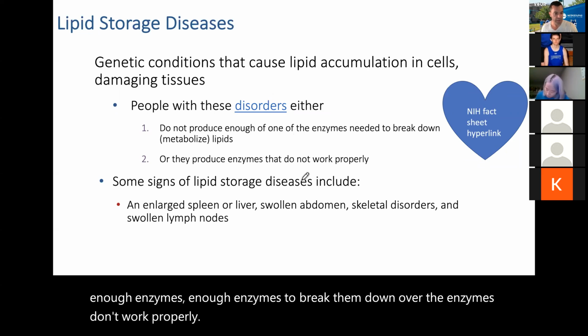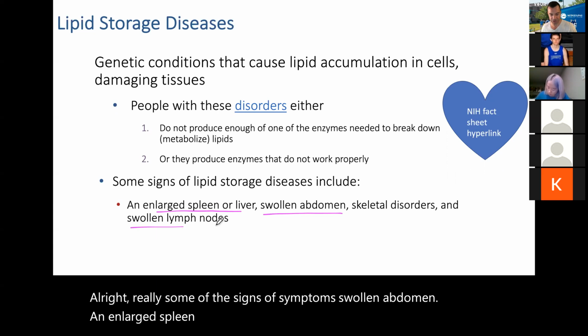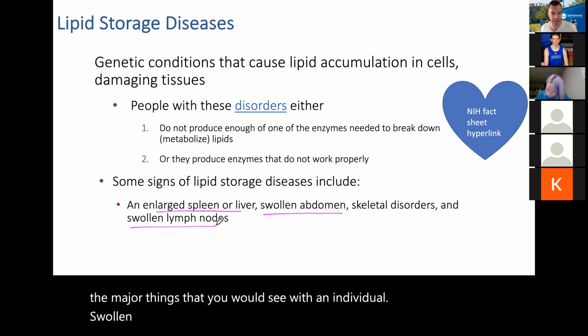All right. Some of the signs and symptoms: swollen abdomen, an enlarged spleen or liver, swollen lymph nodes. So those are some of the major things that you would see with an individual. Okay, that swollen abdomen goes hand in hand with the enlarged spleen and liver.